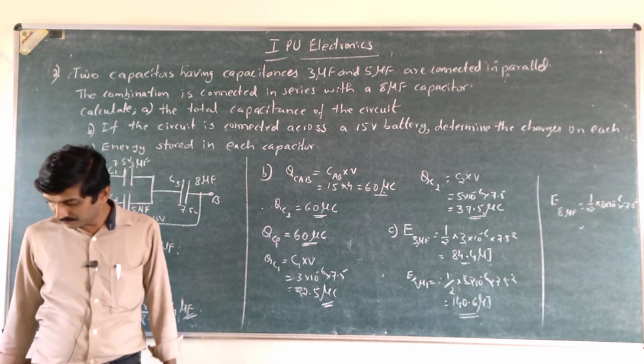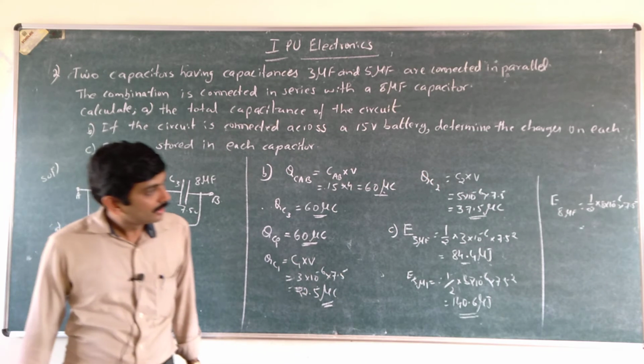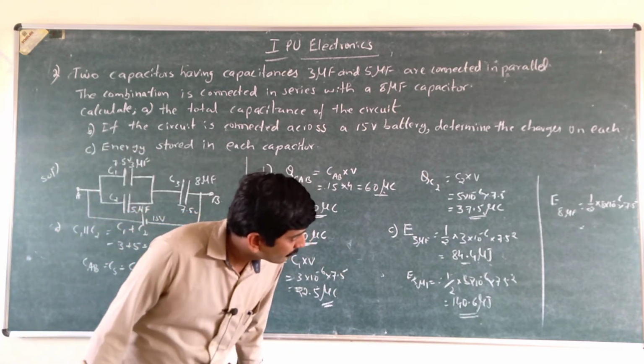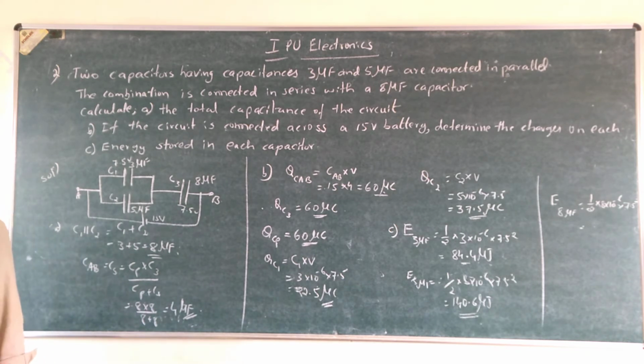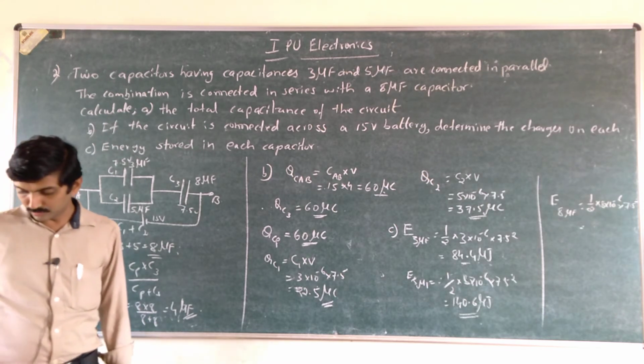Next, 8 into 7.5 into 7.5 into 8 divided by 2, 225 microjoules.